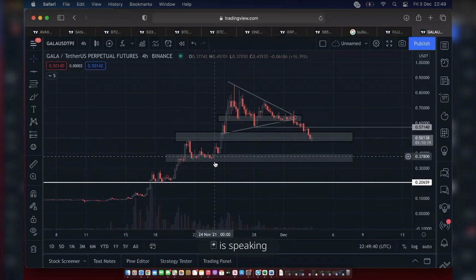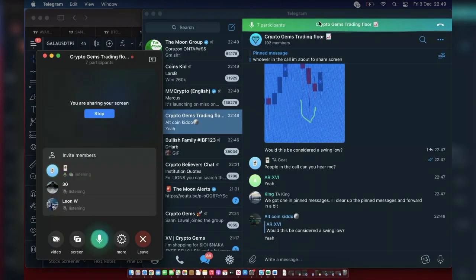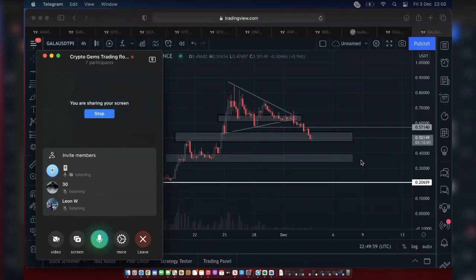What I would do typically, you could go down to the daily time frame. For this case, I'll mark out the daily time frame. You're going to want to look for where the wicks are reacting from. I would call this a zone. This is a zone right here.